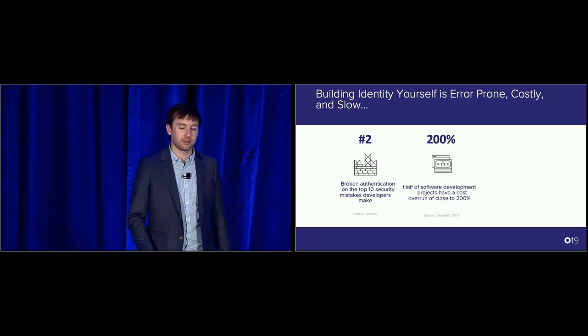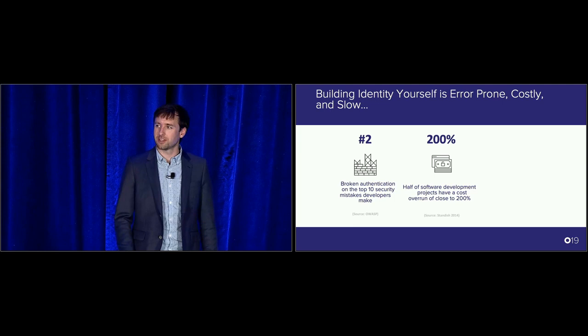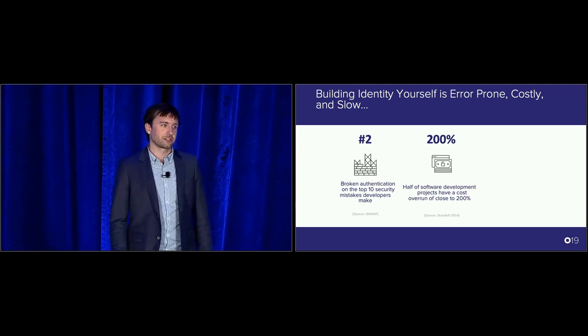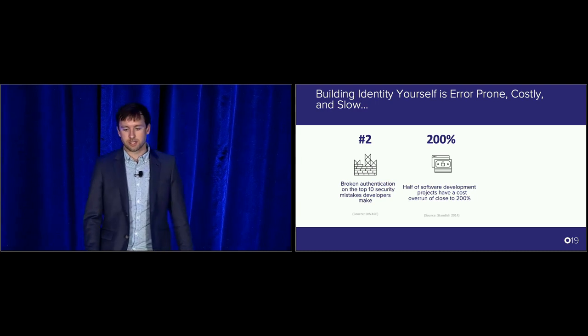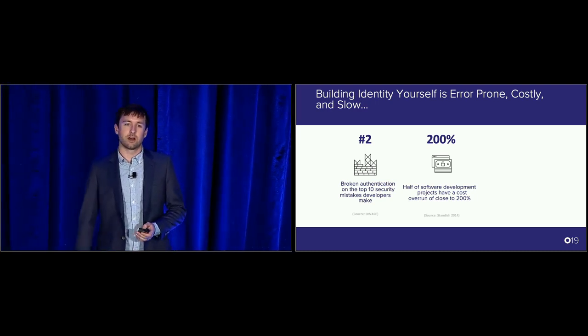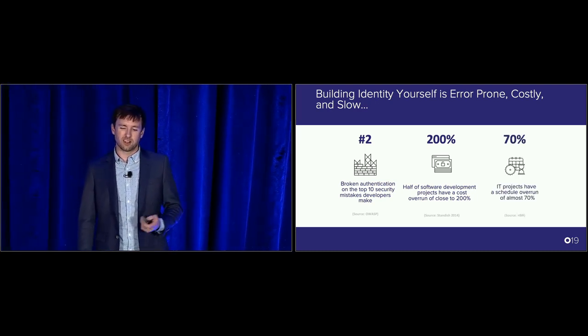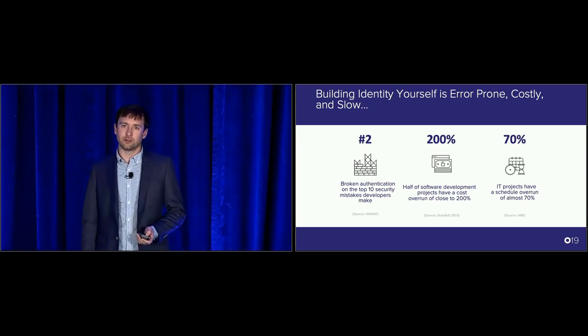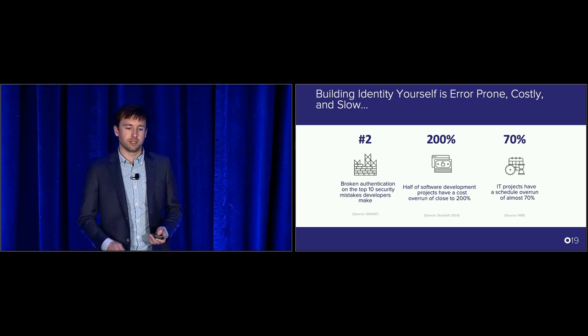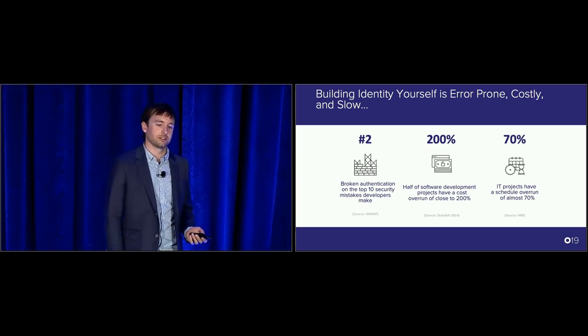We also have seen, and many of you have probably experienced, that software development projects often run over budget. And based on research by Standish, that overrun is on average 200%. And also things run late. 70% of IT projects have a schedule overrun as well. So things end up being error-prone, costly, and slow.